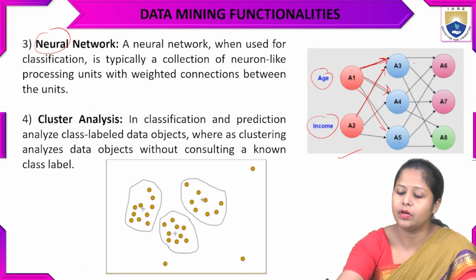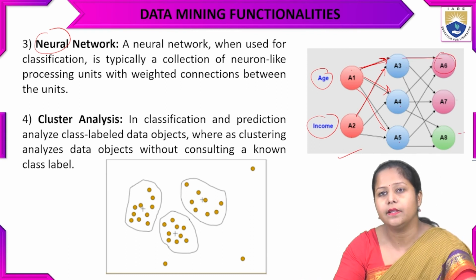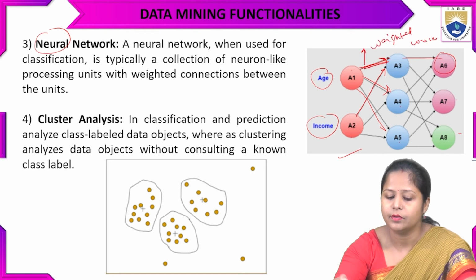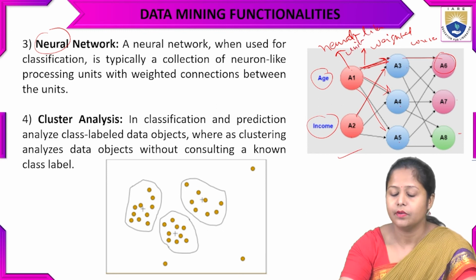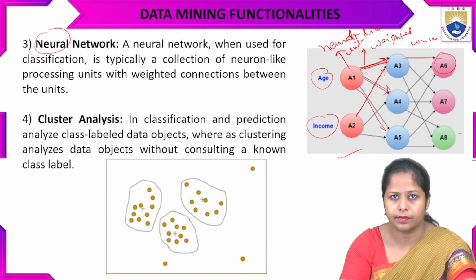That will also depend on A6, A7 and A8. This is what we call a weighted connection. That is nothing but the neuron-like units. Basically it looks like a neuron system, so it is called a neural network.